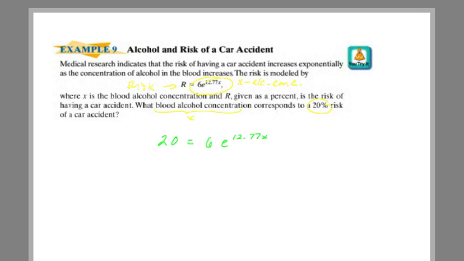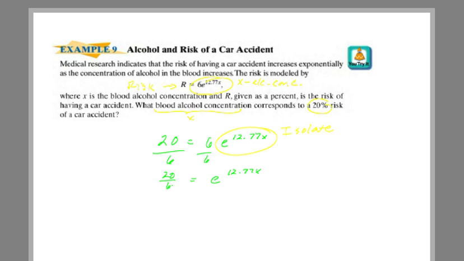It ends up being an exponential equation that we saw earlier. How to solve that? We have to isolate the exponent term. I'll isolate that by dividing both sides by 6. I'll just leave it as 20 divided by 6 right now.